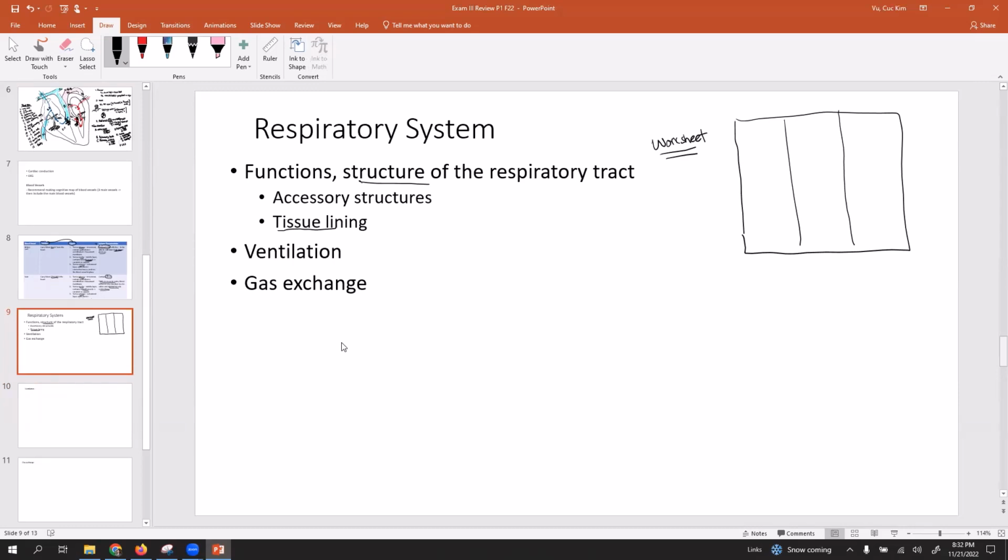So for example, the nose is lined with pseudostratified columnar epithelium.